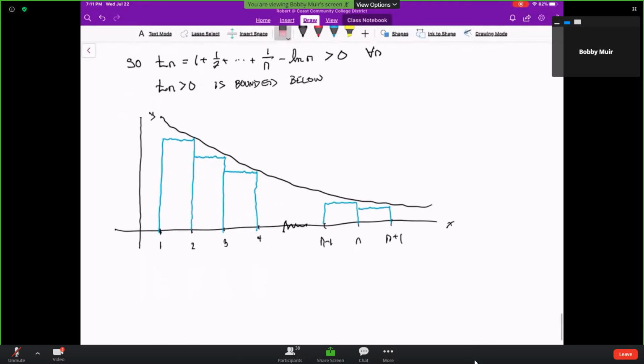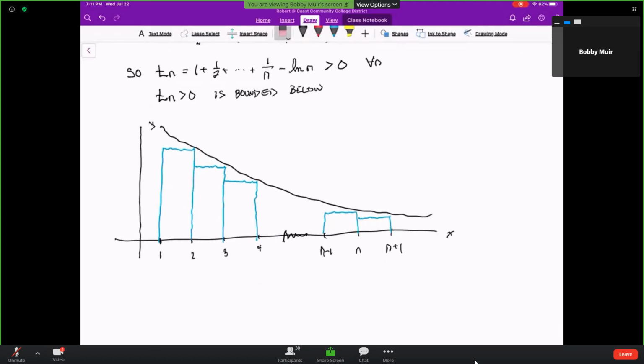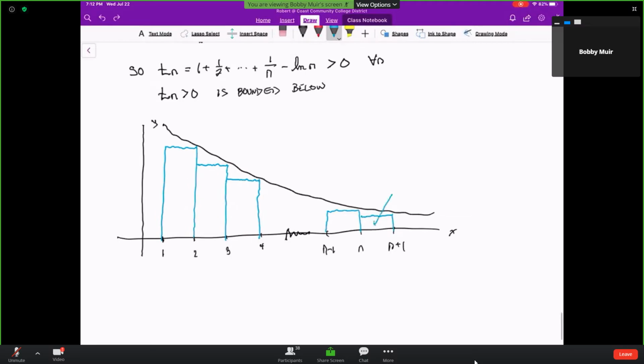Now from this picture, the area of this box is 1 over n plus 1.